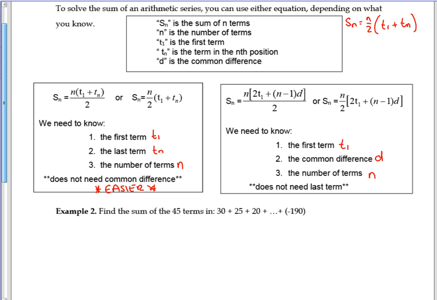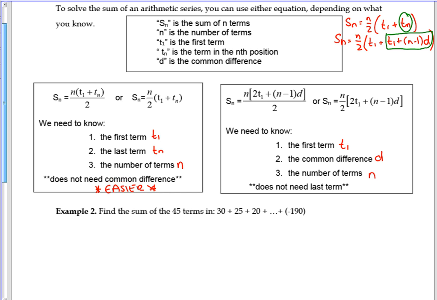Is there a formula we have for t of n, the last term? Yeah, that's the very first formula that we did yesterday and the day before. T of n is equal to term 1 plus n minus 1 times d, right? This is the formula on your formula sheet for T of n.